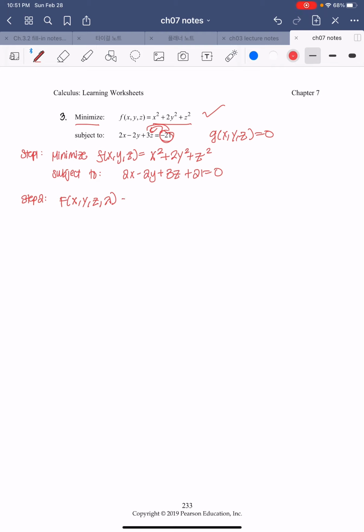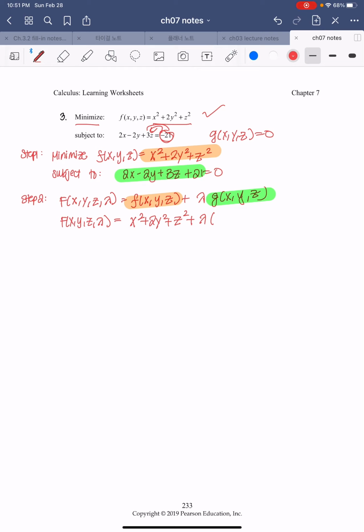So I'm going to have f of x, y, z plus lambda times g of x, y, z. So this will be my f function here, and this will be my g function right over here. So x squared plus 2y squared plus z squared plus lambda times 2x minus 2y plus 3z plus 21.